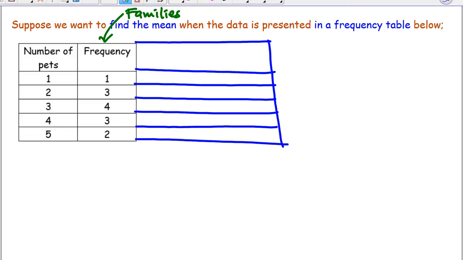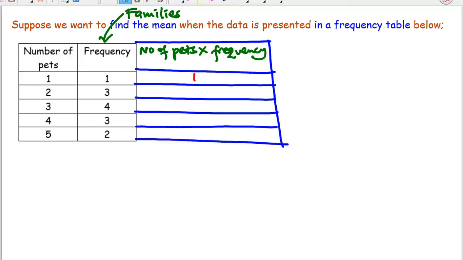Here, in this column, what I'm going to write will be number of pets multiplied by frequency. So basically I want to know, if one family has one pet, how many pets in total for each row.